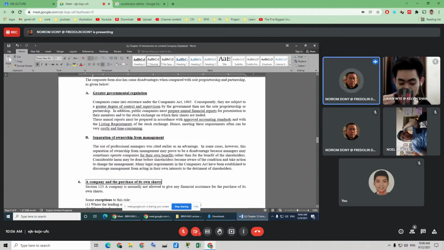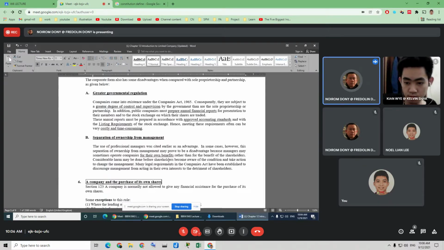So this is disadvantage when it is separation of ownership from management, meaning they can't participate, so they don't know, they don't have the information which the managers have. Okay, so the managers have the information, and sometimes when they decide, they decide according to the personal interest.